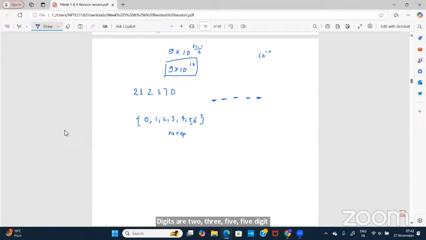Repeat the question again. The administration section of a university has started to create a roll number for the students, following the given format, using the digits 0, 1, 2, 3, 4, 5, and 6, and a capital letter at the third position. Digits are not repeated. Find the number of ways in which the administration section can create a unique roll number. This is the format given to us.